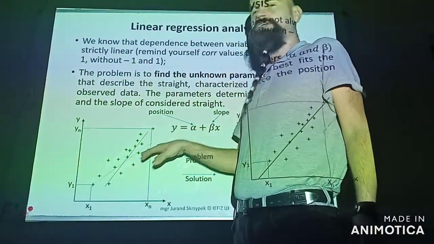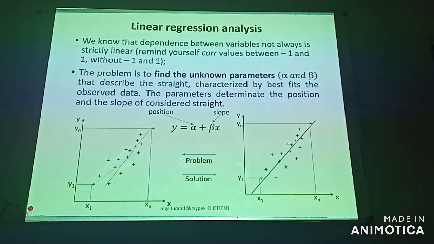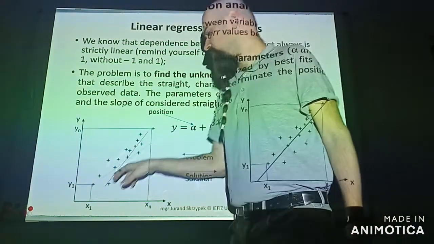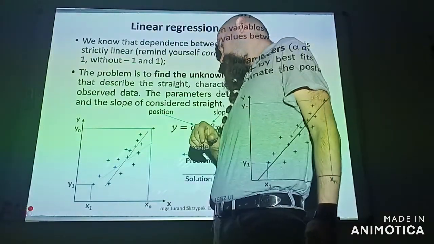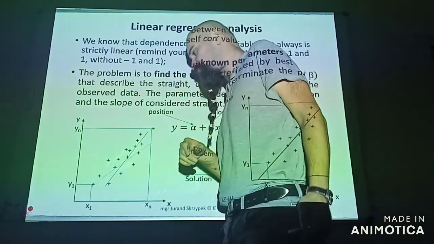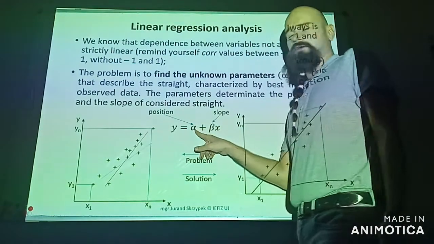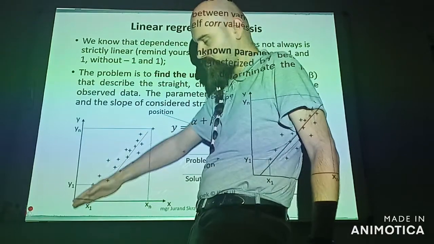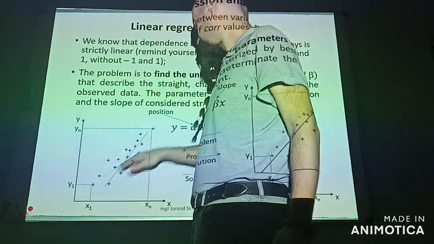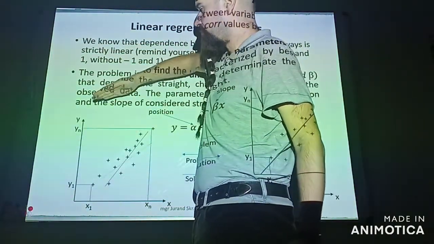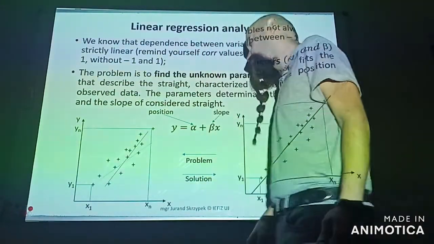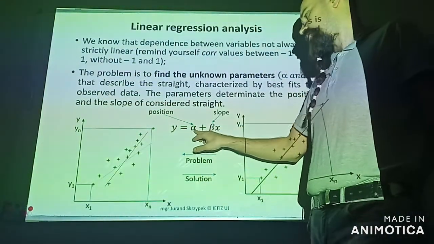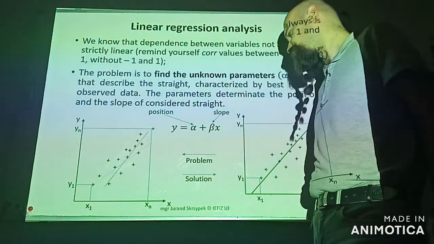As you can see, here we have an infinite number of different straight lines. Alpha parameter is responsible for the position of the straight line. The higher alpha means the higher position of the straight line. It is also called the intercept.